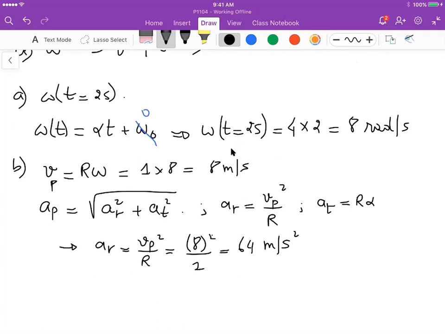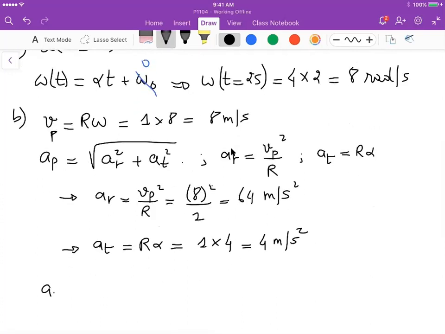This is for the radial acceleration. As for the tangential acceleration, we again use the relation between the linear tangential acceleration and the angular acceleration alpha through the radius R, through the equation R alpha. So it's 1 multiplied by alpha, which is 4, and so we end up with 4 meters per second squared, also because we are talking about acceleration.